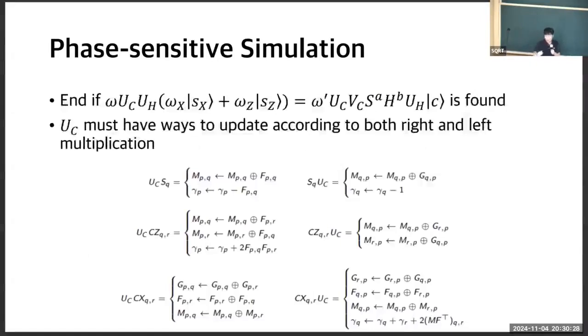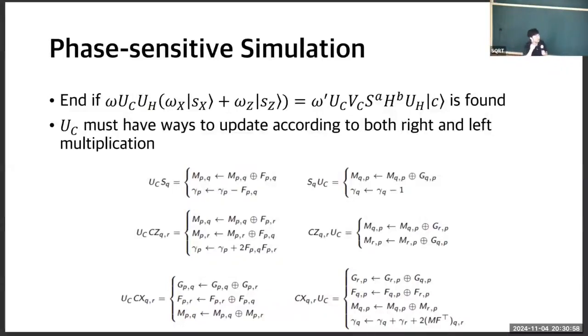So we can end the H-gate application with omega X S_X plus omega Z S_Z applied to some bit string here, and that bit string generation requires S and H to be applied after U_H or before V_C here.